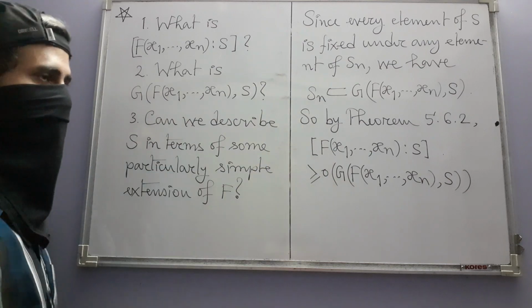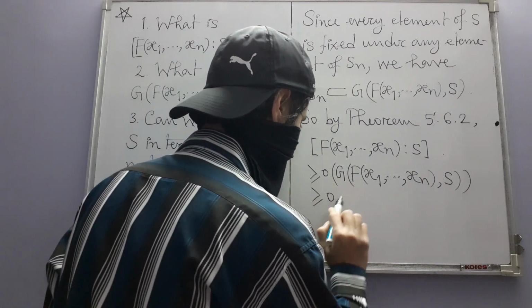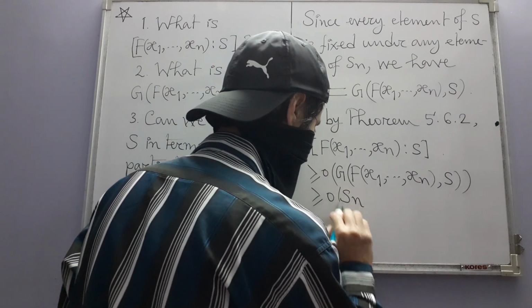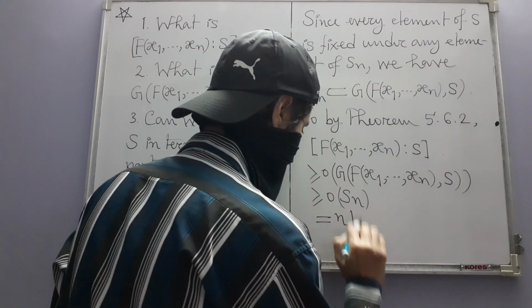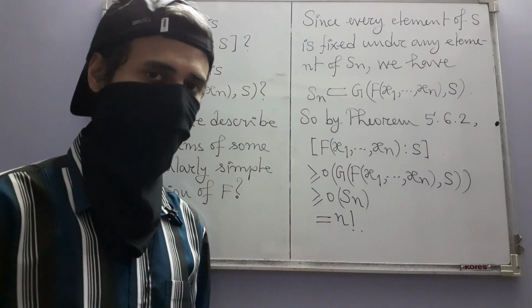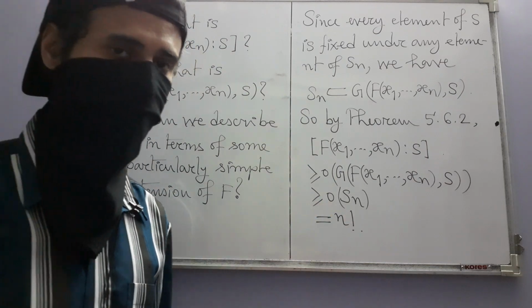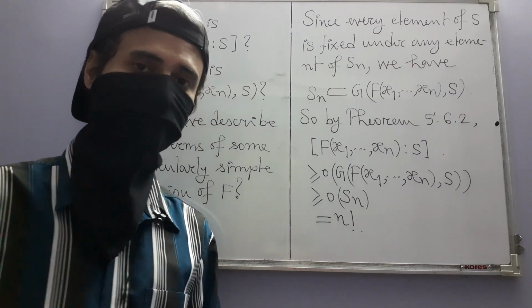However, because Sn is a subgroup of this, so this is greater than or equal to the order of Sn, which of course is equal to n factorial. So we have got an inequality involving these numbers. Now we are going to observe something else.